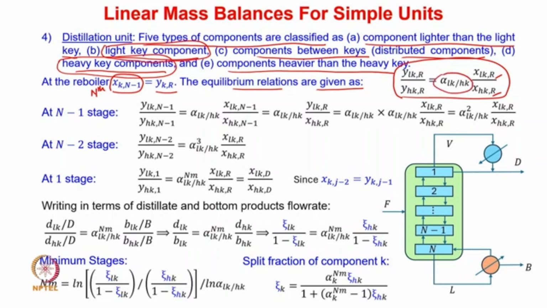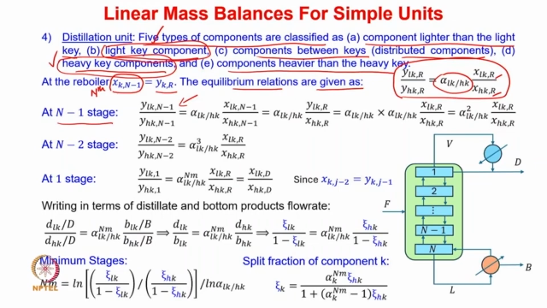So here the relative volatility alpha Lk Hk is nothing but the relative volatility of the light key component with respect to the heavy key component. Remember we are saying that this light key component and this heavy key component we are going to specify initially. Now this is at the nth stage. What will it be at the n minus 1 stage? At the n minus 1 stage, this same equation can be written as y Lk n minus 1 divided by y Hk n minus 1.